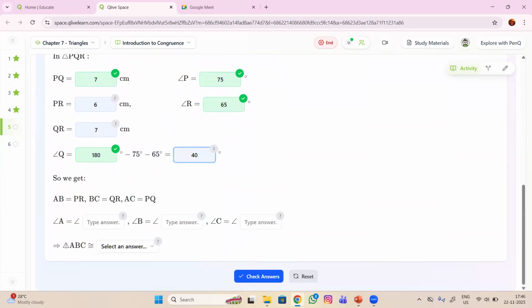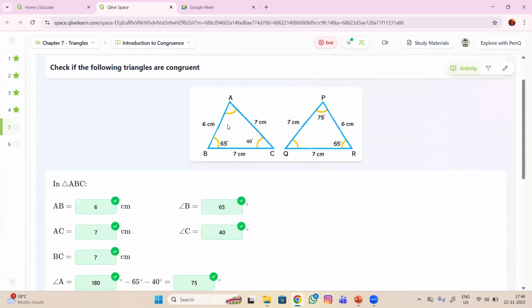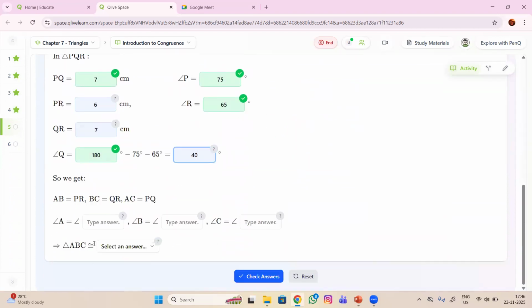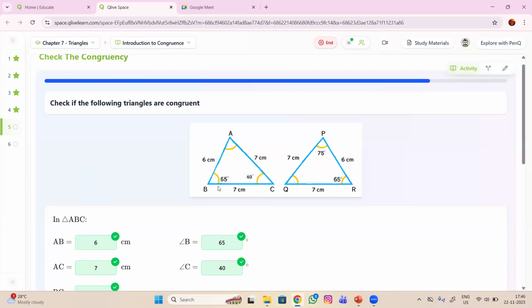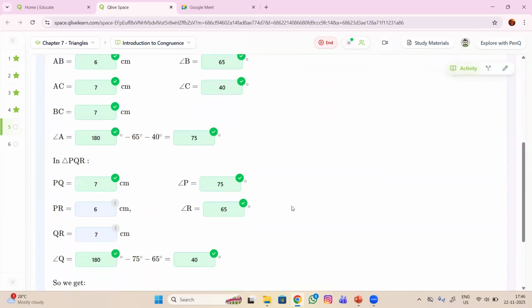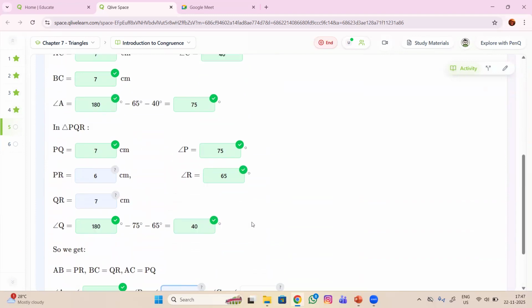So we can say that the three sides are equal and the three angles are equal. Angle A is 75, equal to angle P. Angle B is 65, equal to angle R. Then what about angle C?